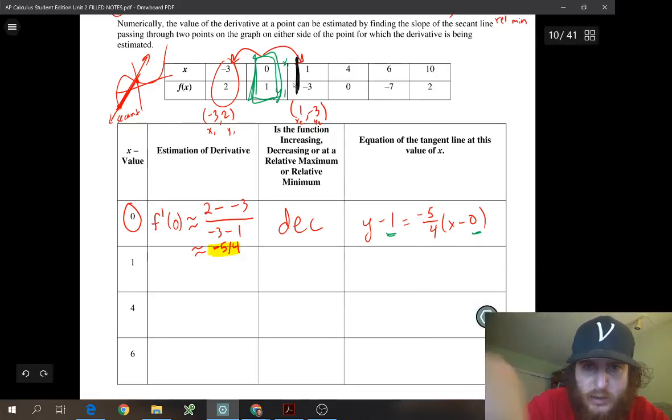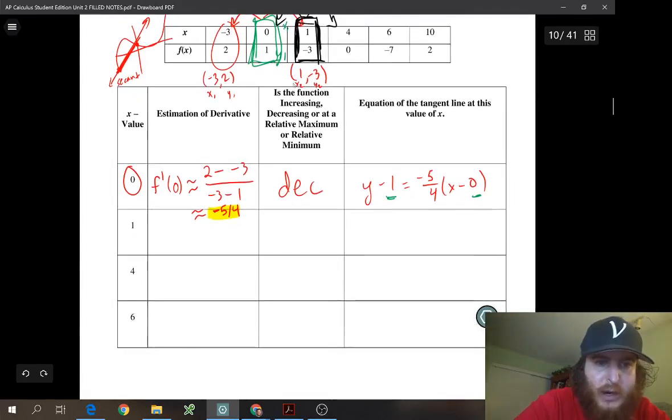So at 1, this is our actual value. That's where we are, but we're going to use the points around it to estimate our slope, right? Kind of like the y2 minus y1 over x2 minus x1. So say f prime of 1 is approximately, here's y2, 0 minus y1, 1 over x2, 4 minus 0.